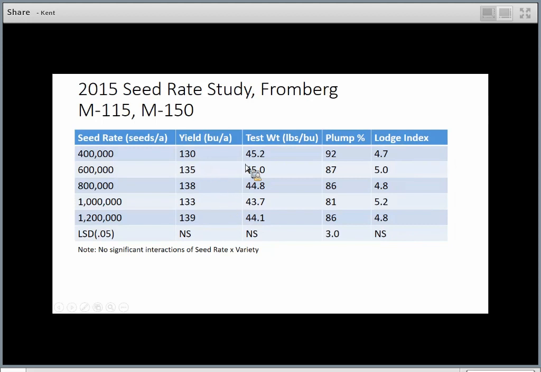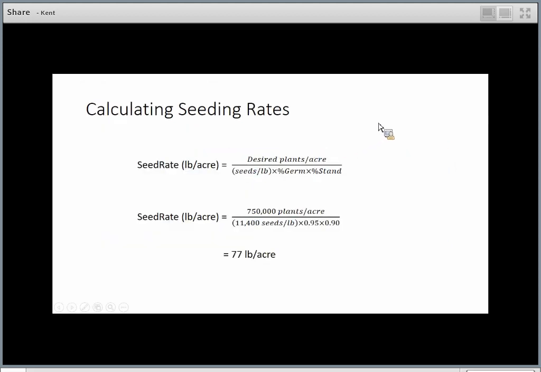Same thing at Fromberg. So calculating seed rates, the desired plants per acre, divided by the number you probably are going to be searching for, which is the seeds per pound. And so that number you need to get from a lab. That'll come on the label, the percent germ and the percent stand is probably what you feel like your seeding system is giving you.